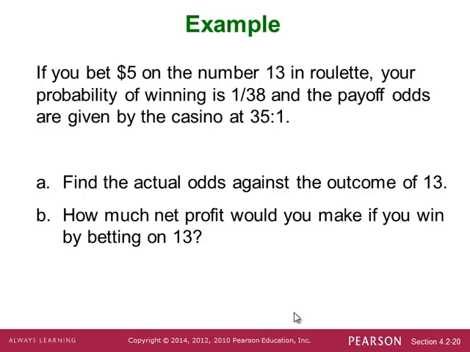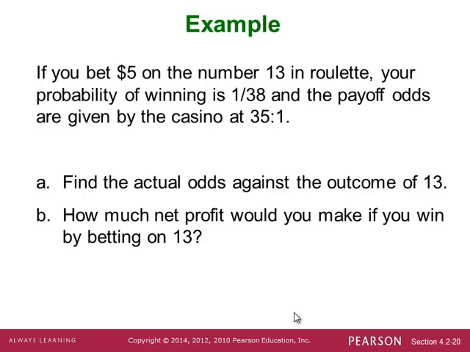So suppose that we're going to play roulette. Remember that roulette has 38 slots. There's 18 of one color, there's 18 of another color, and then there's 2 of a third color. Now 13 is one of the main colors.